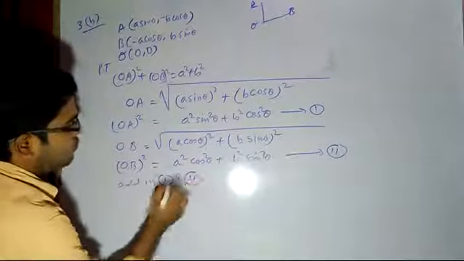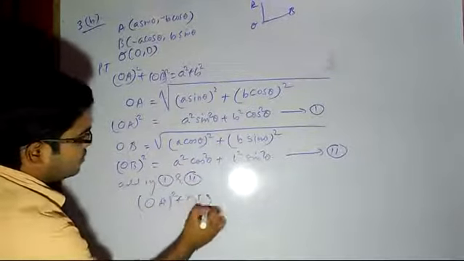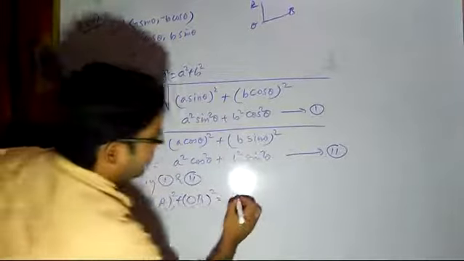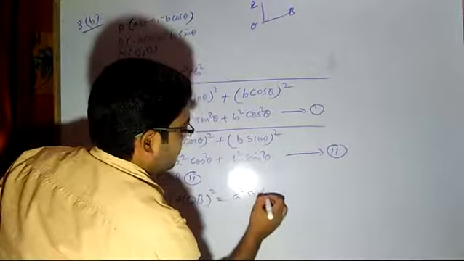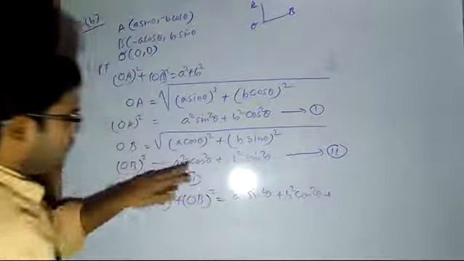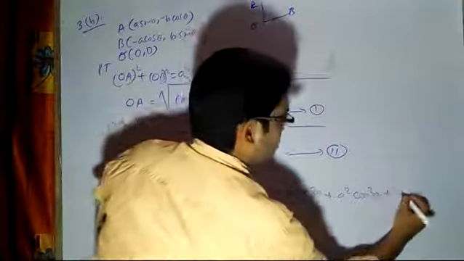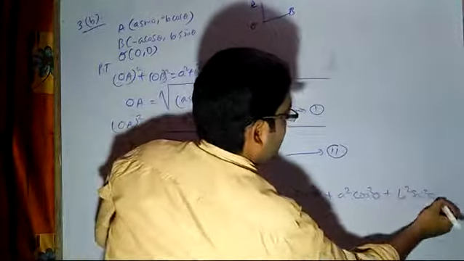Now adding 1 and 2, what will we get? OA square plus OB square is equal to a square sin square theta plus b square cos square theta plus a square cos square theta plus b square sin square theta.